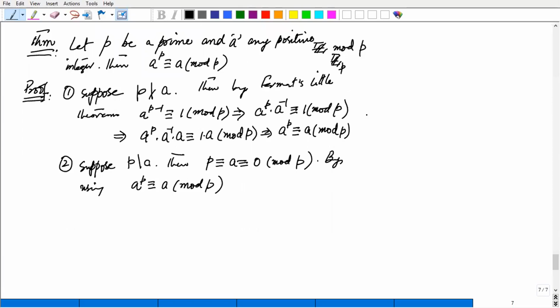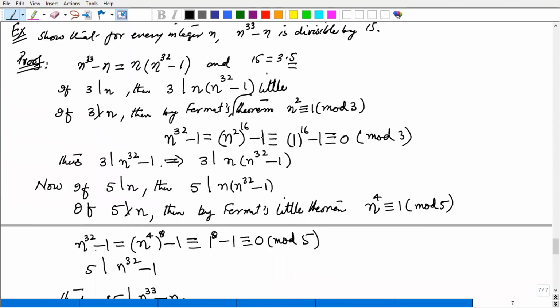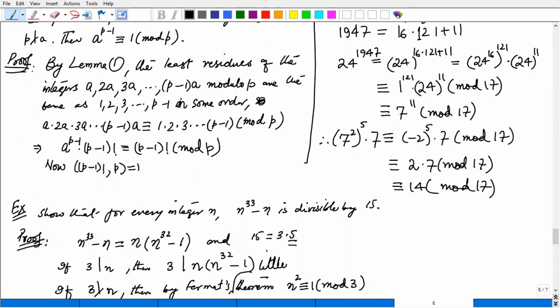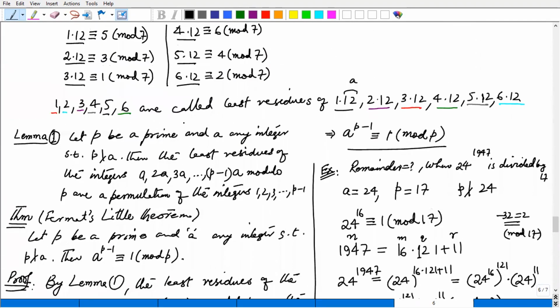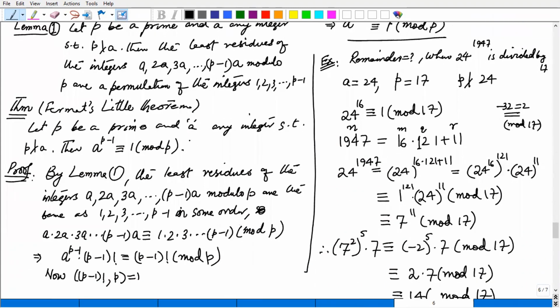Now move to Euler's theorem. Before moving to Euler's theorem, let me discuss the problem with Fermat's little theorem, because if you look at Fermat's little theorem, we must have a prime p. For example, if we have 9 or 8, or any composite number, then we can't use Fermat's little theorem.